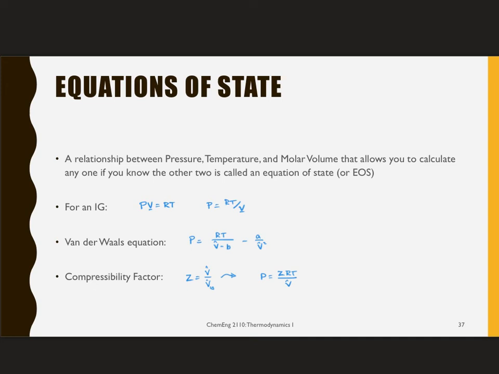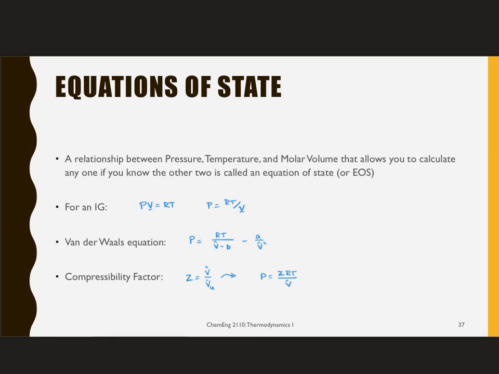VIG is going to be RT over P. And so therefore, I can solve for P and get this expression. So these are going to be ways that I can have an equation. Now, I would need to know what Z was in the compressibility factor equation. I would need to know A and B in the van der Waals equation.